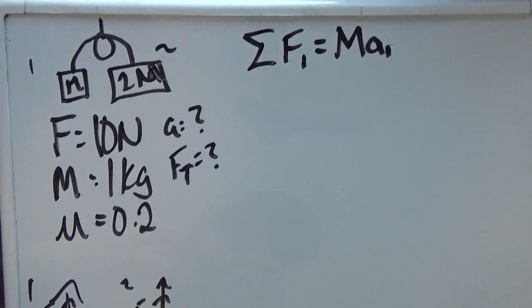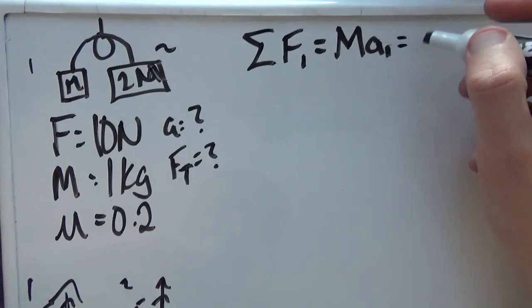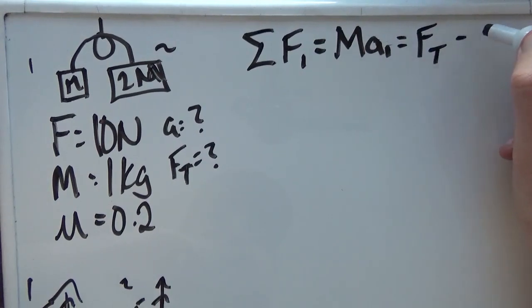Trust me on that. So block 1, right, we have tension in the positive direction, gravity in the negative direction. Ft minus, this would be the force of gravity on block 1, right? But go ahead and plug in how you would calculate that here, because it's going to save you some struggles if you forget to do that. So how do we calculate the force of gravity, right?